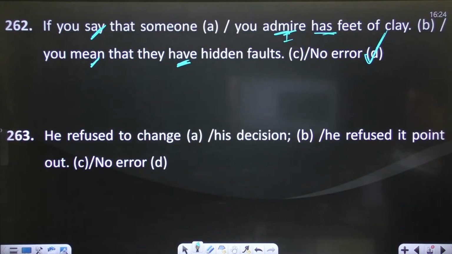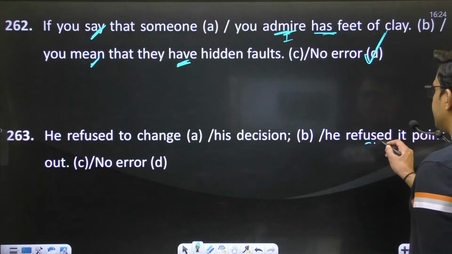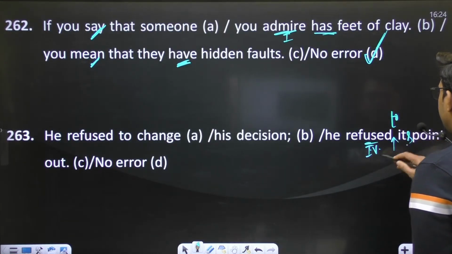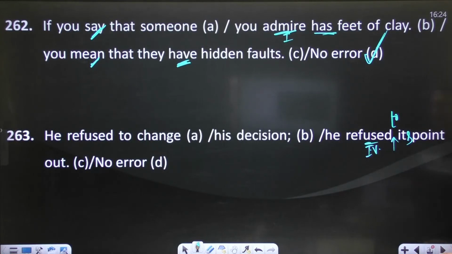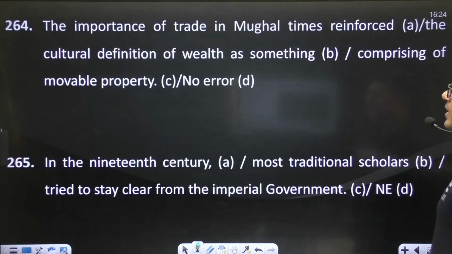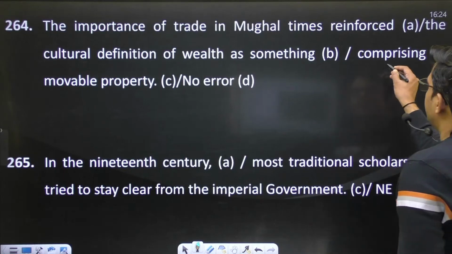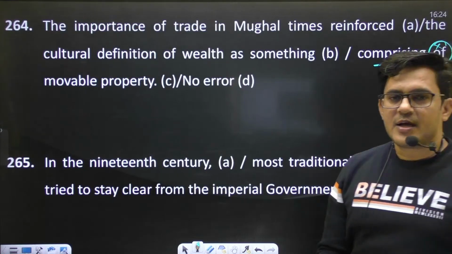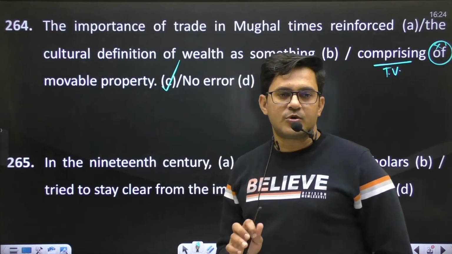He refused. This is an intransitive verb, right? So, he refused it, point out. Speak like that. Okay, next one: the importance of trade in Mughal times reinforced the cultural definition of wealth as something comprising of. This verb comprise is also a transitive verb, and transitive verbs don't demand a preposition after them, so drop the preposition of.